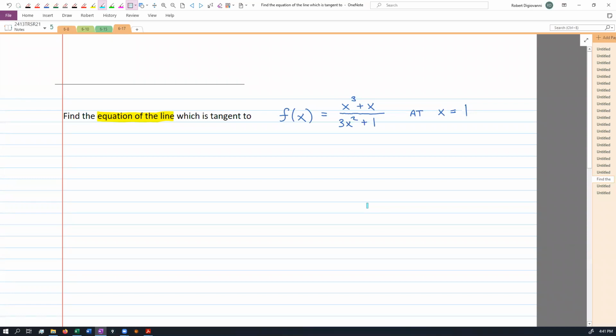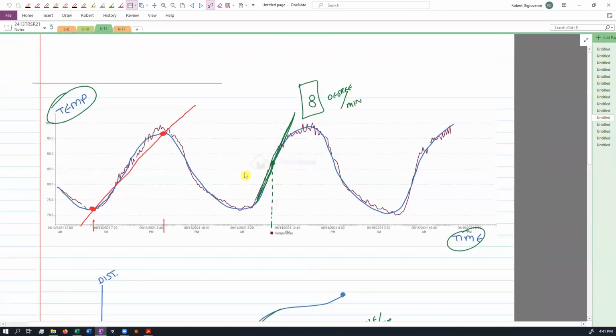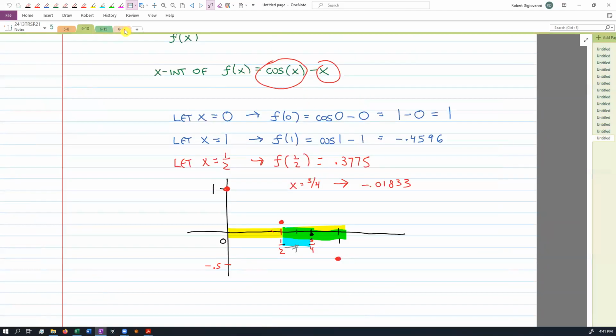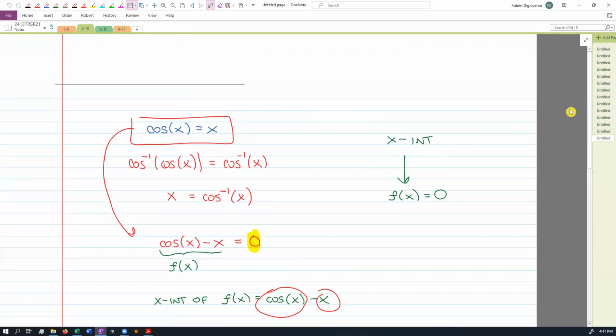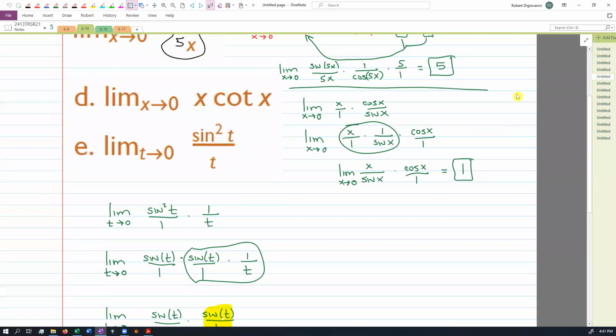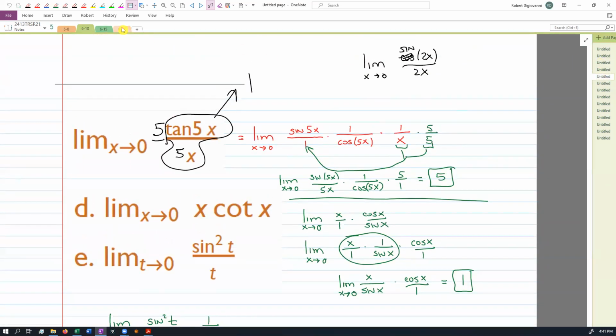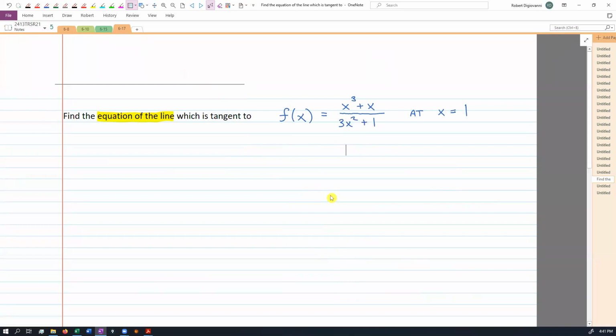But that would just give you the slope. You have to find the equation. So go back and look at your previous notes when we were finding equations of tangent lines. We used a certain formula from college algebra: y minus y1 equals m times x minus x1.